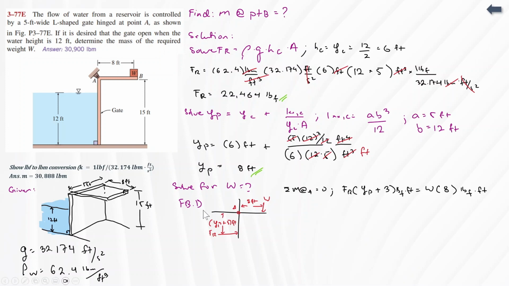It's gonna be 3. So yun yung pagitan ng YP lang. YP is yung distance mo from the center of pressure to the surface line. And the difference between the surface line and the hinge A is 3 feet. So YP plus 3.